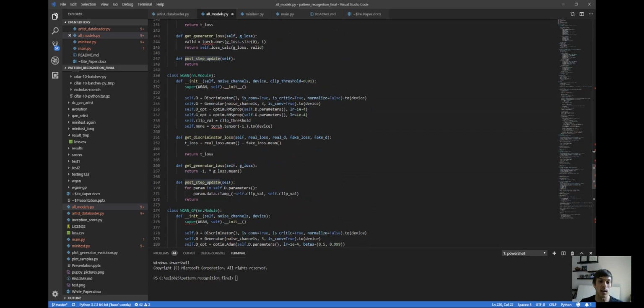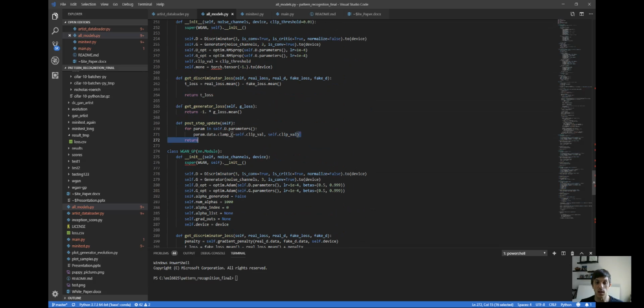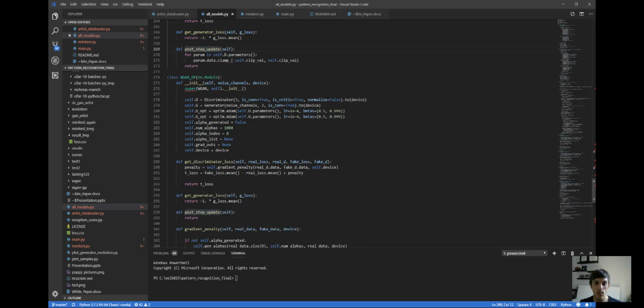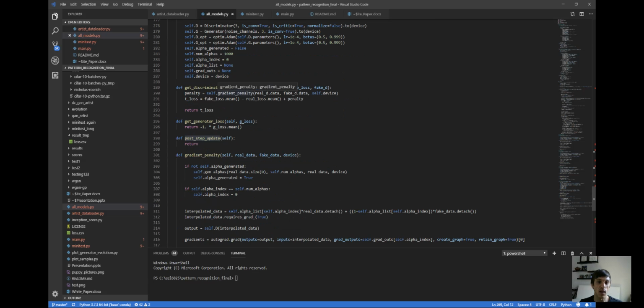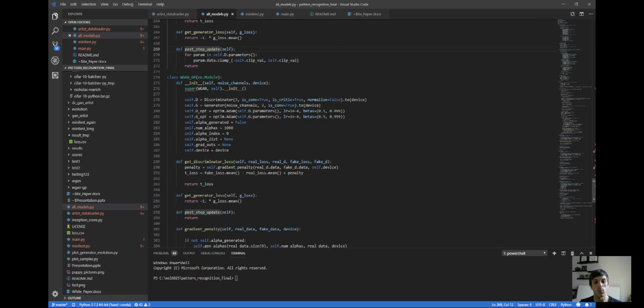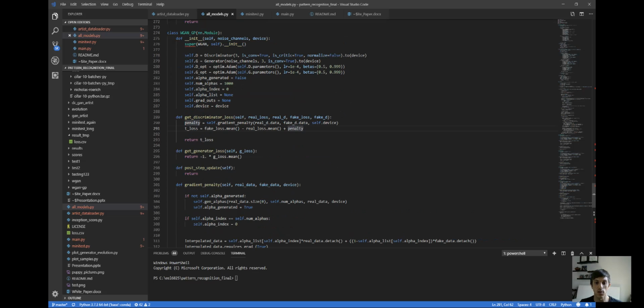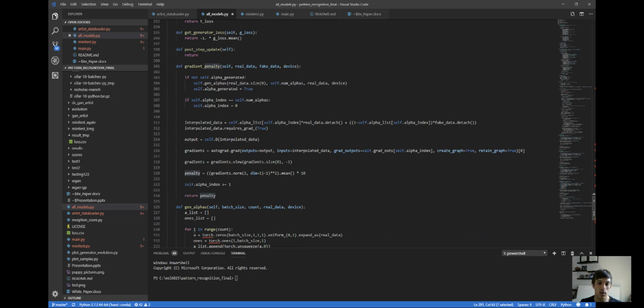However, in the Wasserstein-GAN, the post-step update is a clipping of the weight parameters in the discriminator. So these are the networks that I created. The Wasserstein-GAN with gradient penalty, as I said, has this additional penalty calculation seen here.